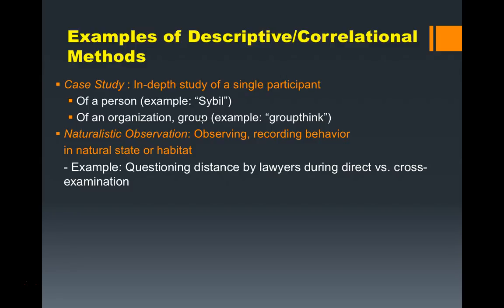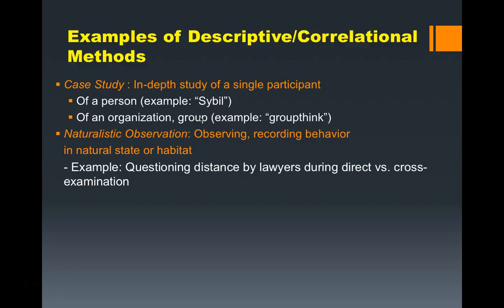What they found was that lawyers who were questioning their own clients, their own witnesses, kept a greater distance than lawyers who were cross-examining witnesses on the other side. If you're doing cross-examination, you're a lawyer, the distance is shorter. You're getting in the person's face. You're trying to make them nervous and look nervous to the jury.